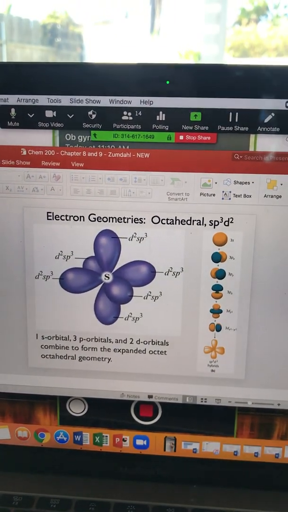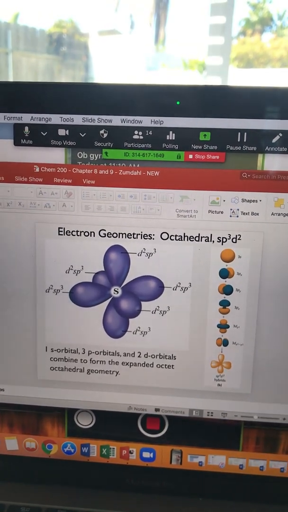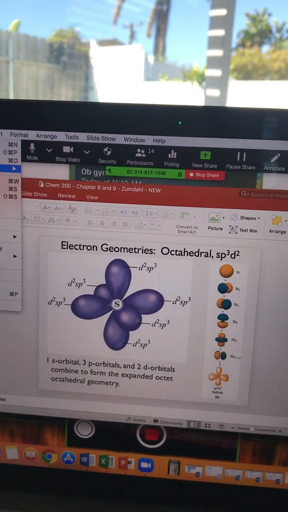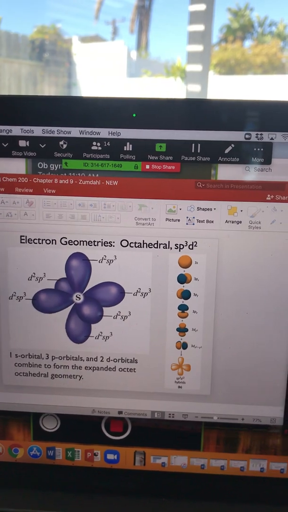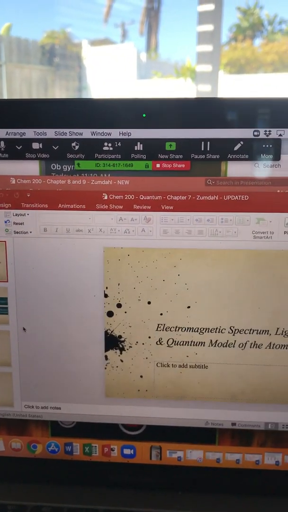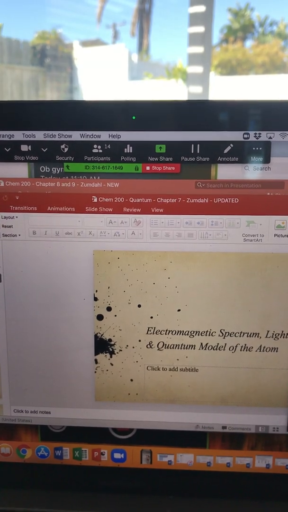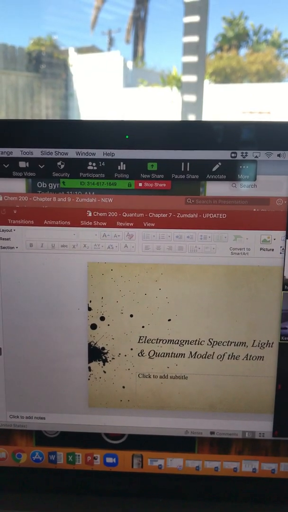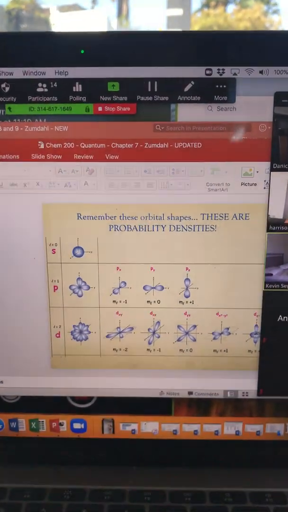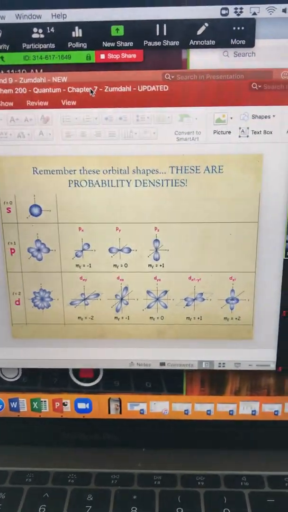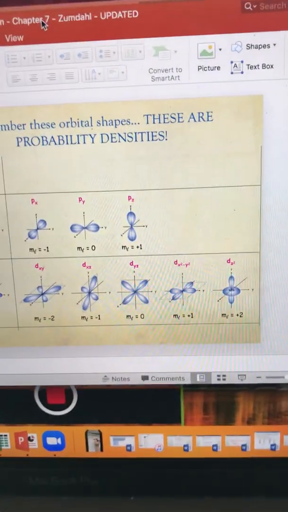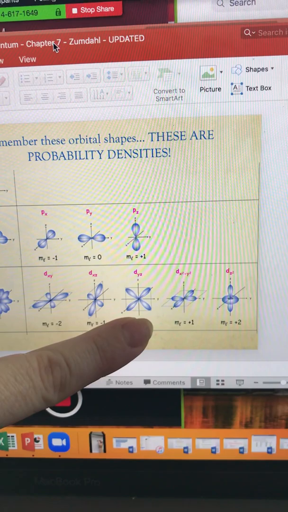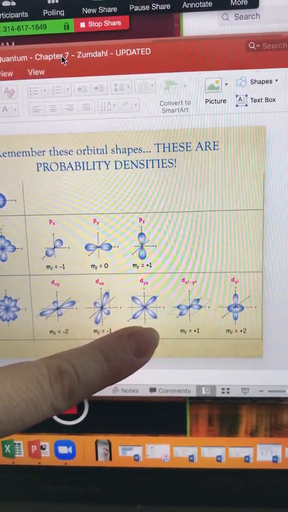Okay, let me see if I have any pictures of my orbitals by themselves. Okay, so here we get into the d orbitals. Do you see how these three orbitals are all out of the axes?